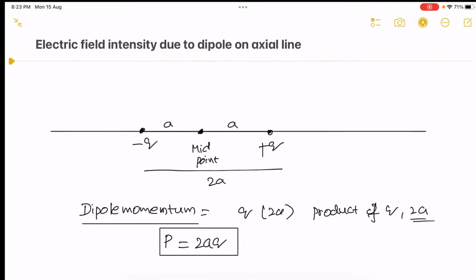Now we want to calculate the electric field intensity on the axial line. So this is the axial line. Suppose the point P is here, which is at a distance r from the dipole.